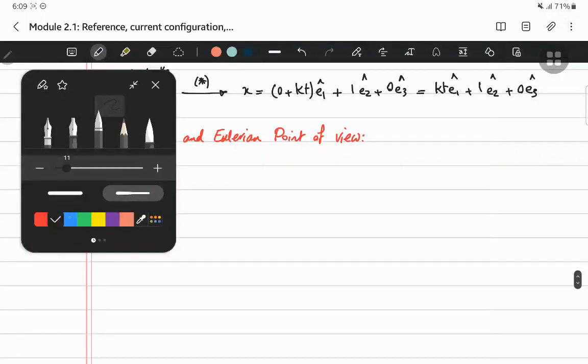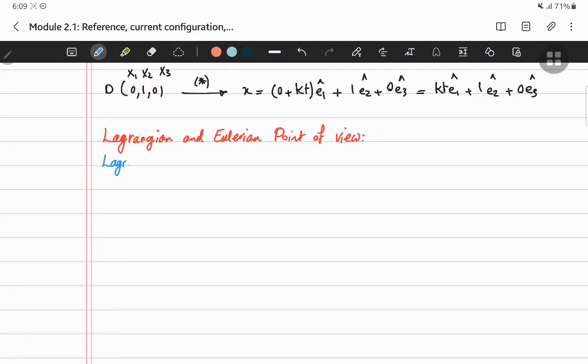So for the Lagrangian, suppose you have a particle like this. So you have a configuration like this, you have a continuum like this, and you have a particle right over here. So if you move with this particle, this is the base configuration, or maybe it's better to write reference.